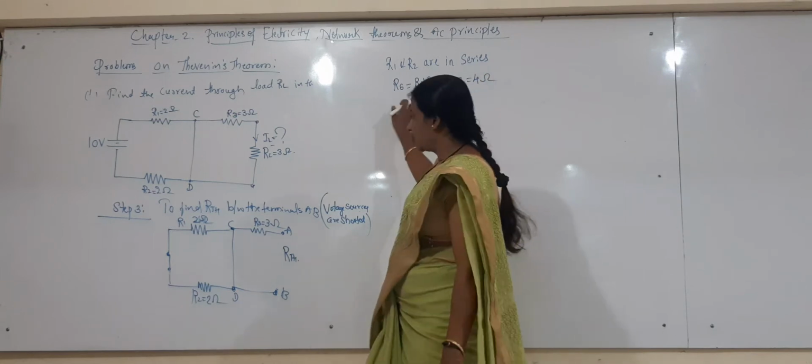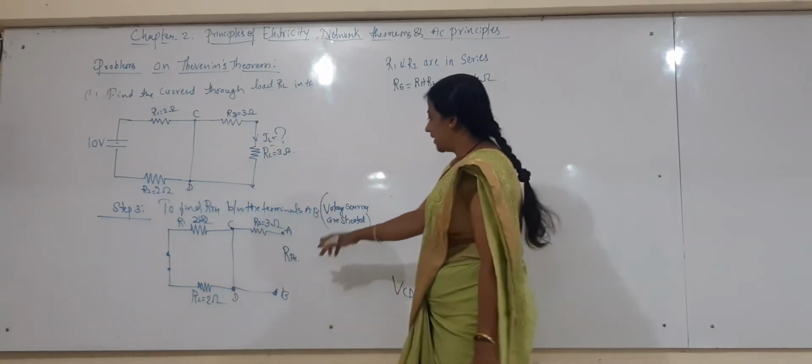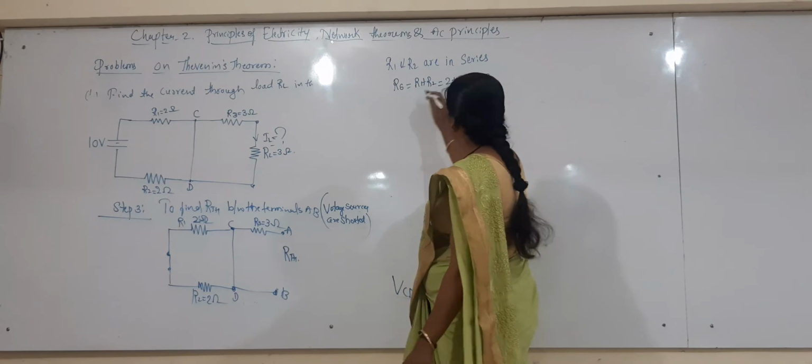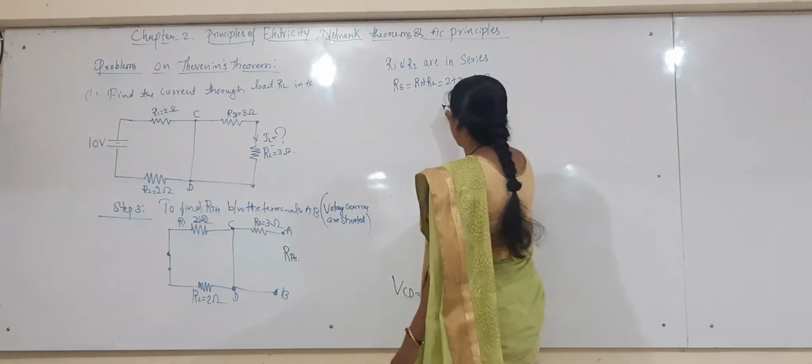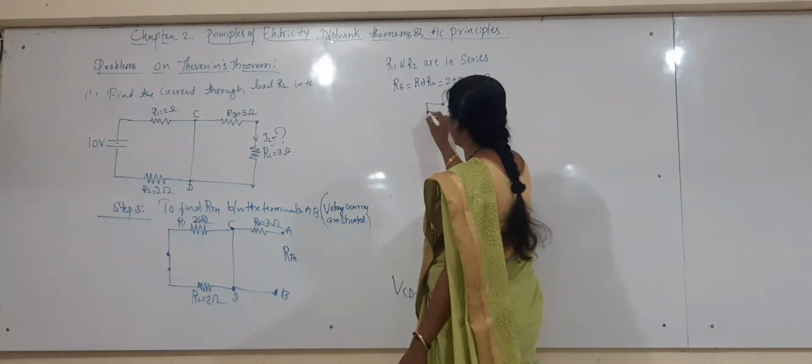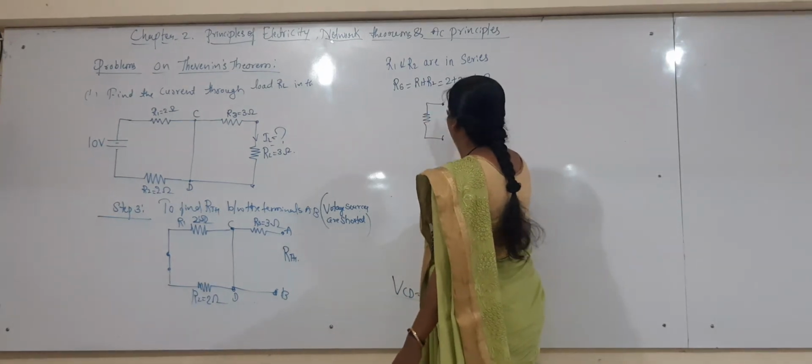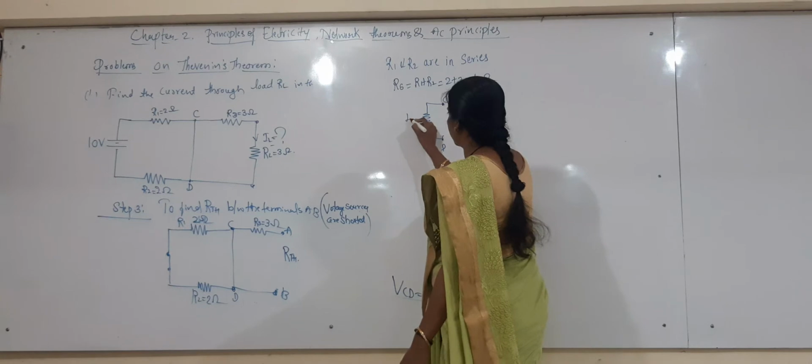So this is a 4 ohm resistor. Between C and D, only one resistance of 4 ohm is connected.